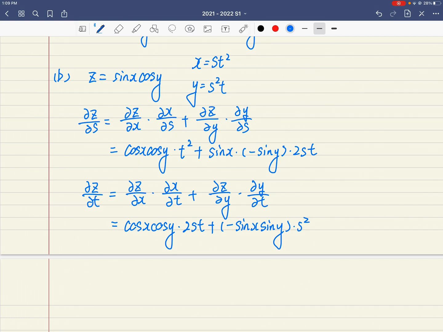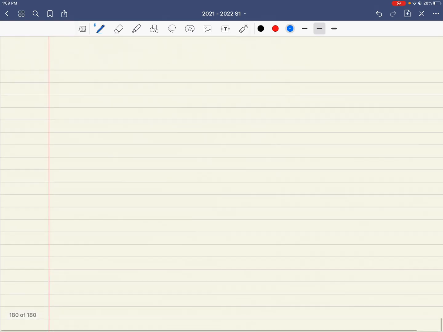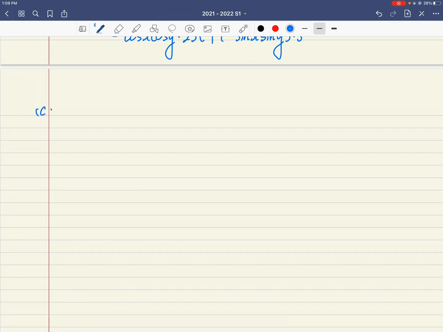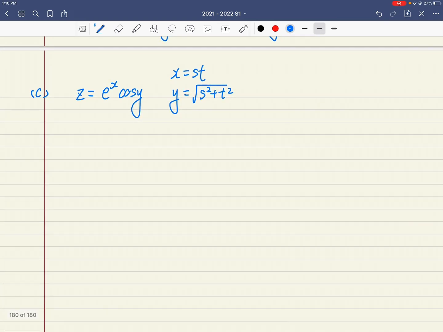Okay, so let's do the last question. Part C: z is e to the power of x cosine y, x is st, and y is the square root of s squared plus t squared. Similarly, z is essentially a function of s and t. So what is dz over ds?